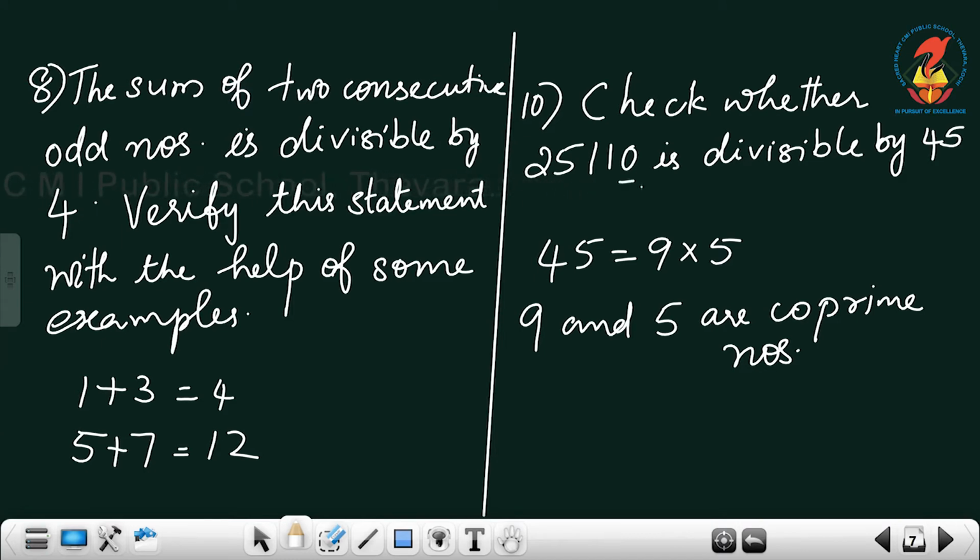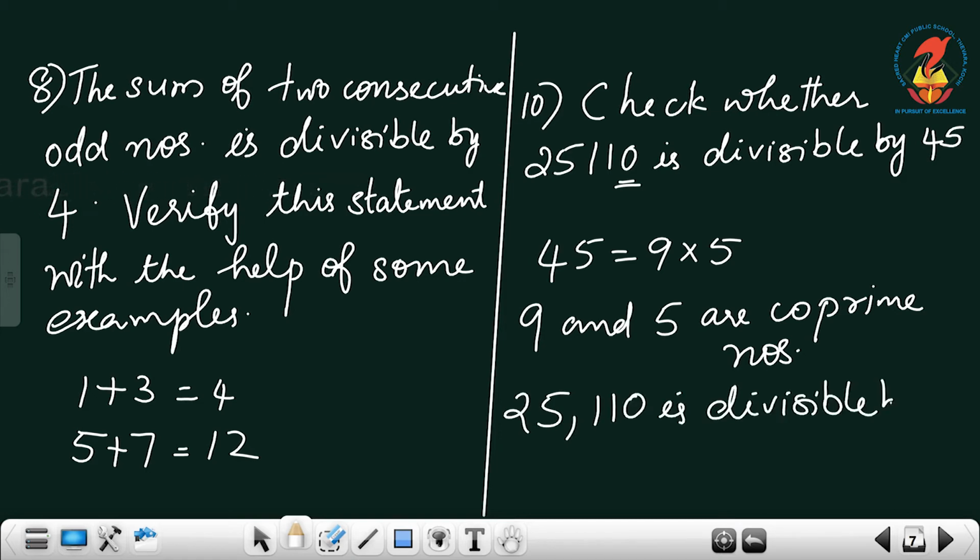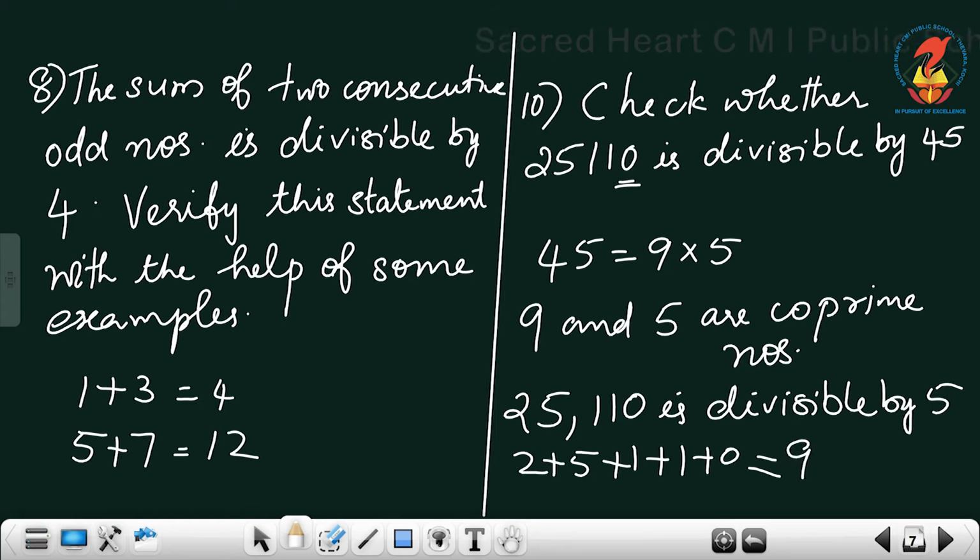So check the first one, ending with 0. So 25,110 is divisible by 5. What about 9? What do you have to do? 2 plus 5 plus 1 plus 1 plus 0. So it is 9, a multiple of 9.